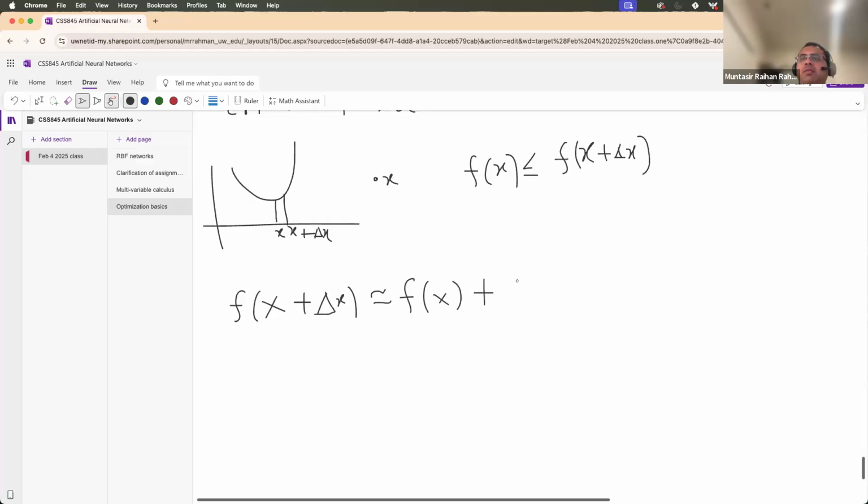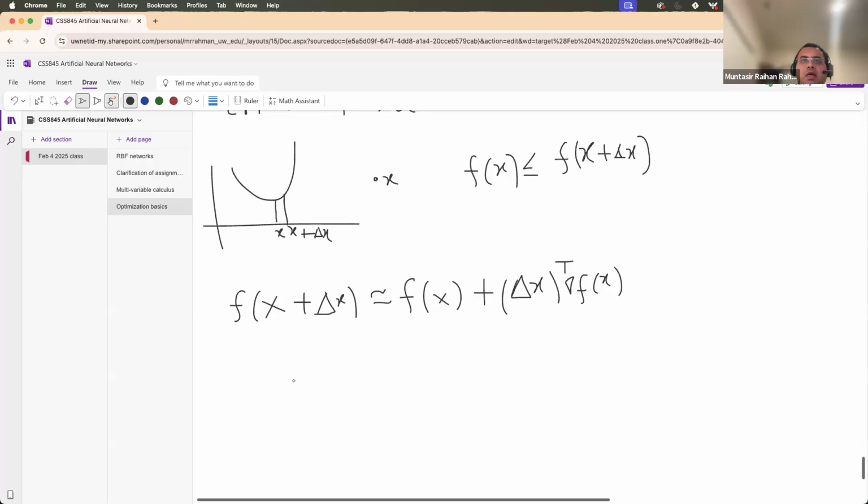And let's only keep the first approximation, which is the gradient approximation, delta f at x. Okay, and now we said that f of x plus delta x must be greater than f of x, right?